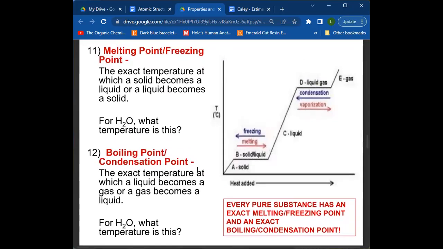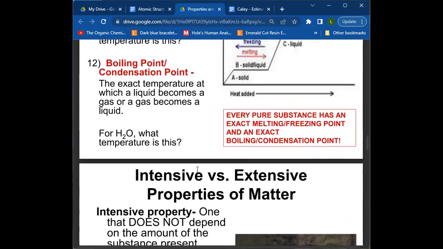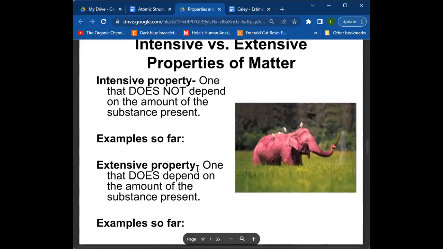And then boiling point, condensation point, those are also physical properties still. All physical properties.